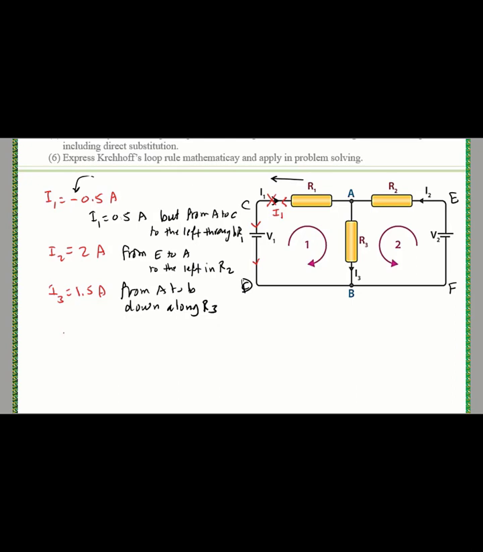So the current through the V1 supply is 0.5 ampere down the battery, or against the battery.